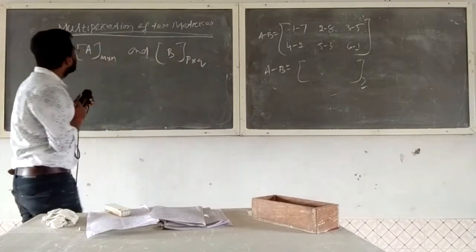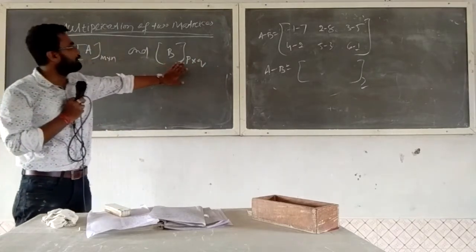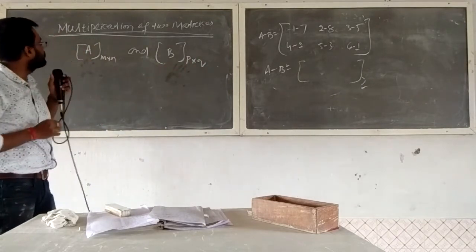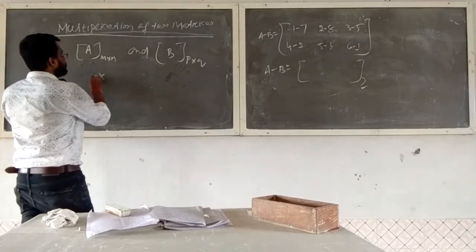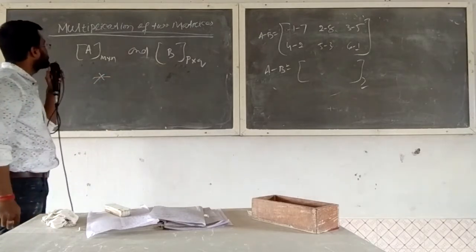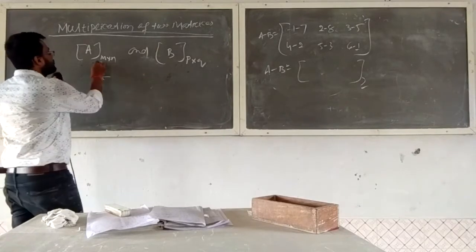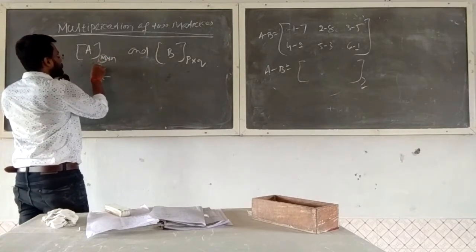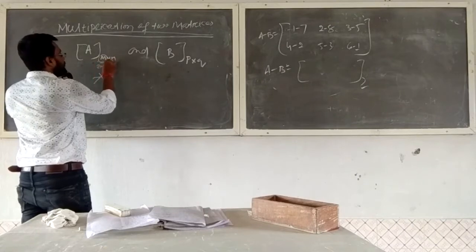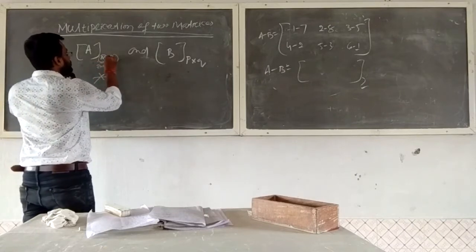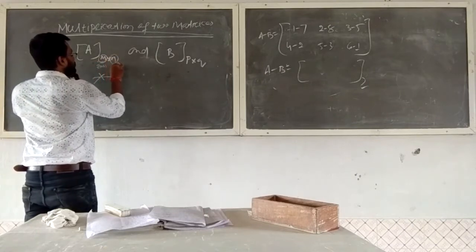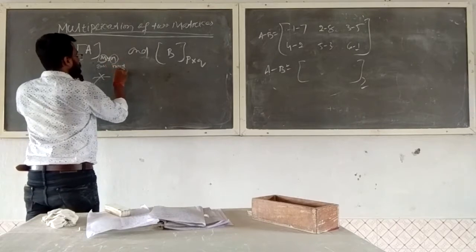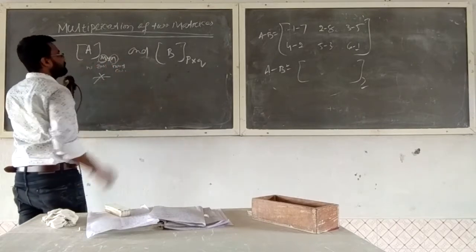For the first matrix, the first subscript represents the row number and the second subscript denotes the column number.